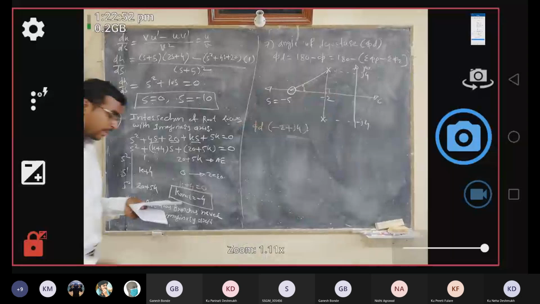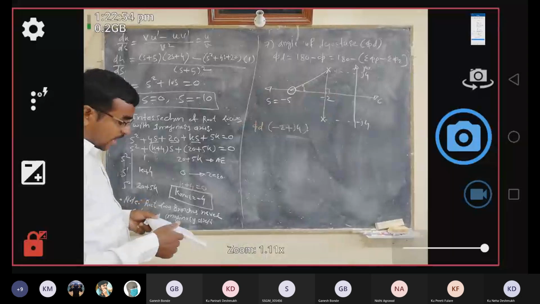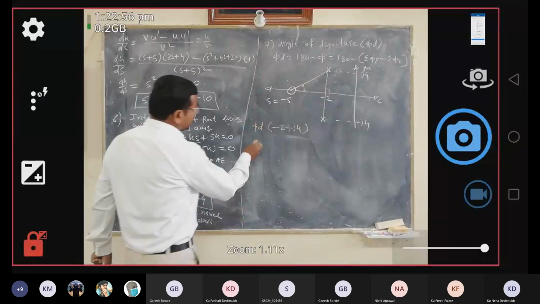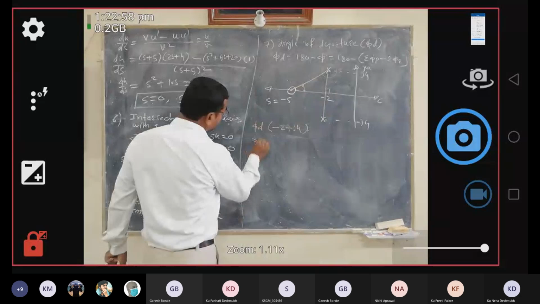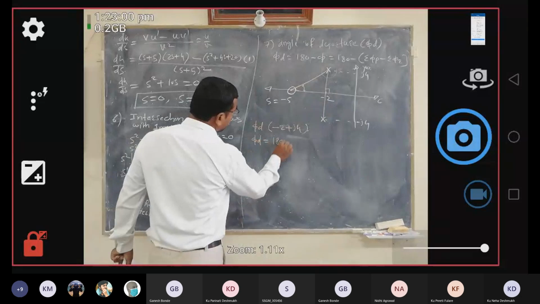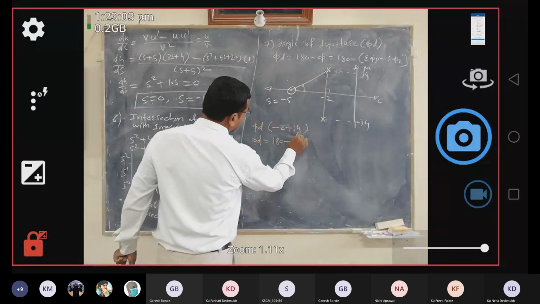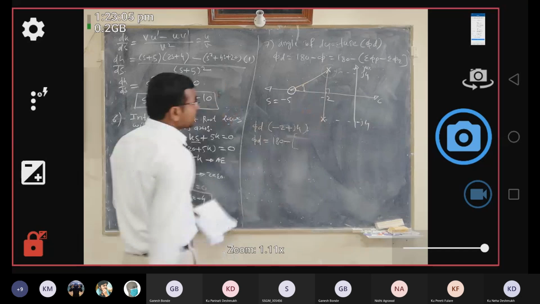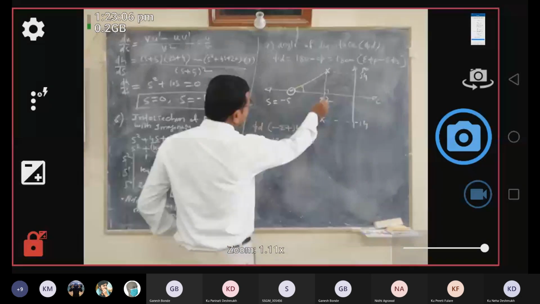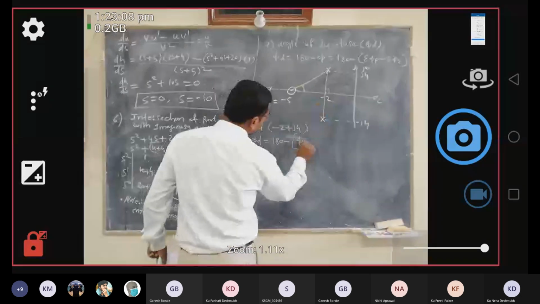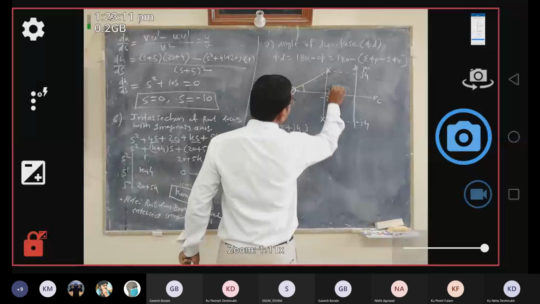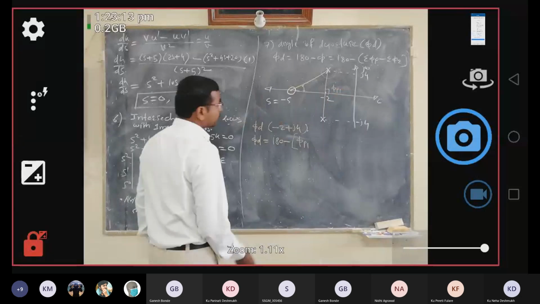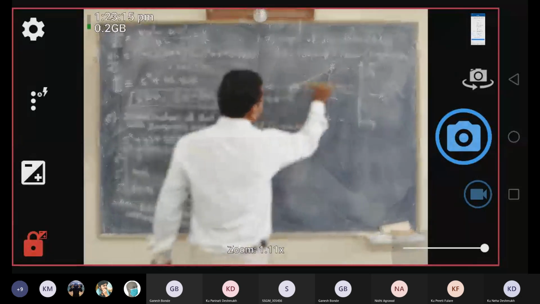Okay, then calculate phi d. Okay, so write down the formula: phi d is equal to 180 minus summation of phi p minus summation of phi z. I can consider this as phi p1, so I will give this the name phi p1, and I will give this the name phi z1.